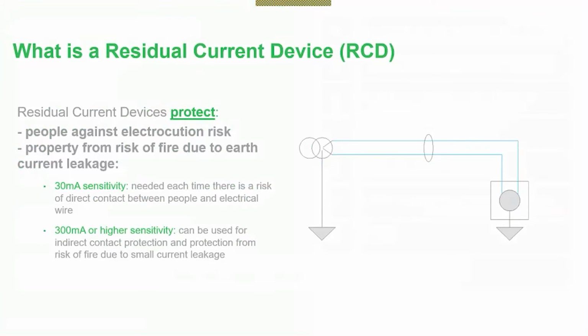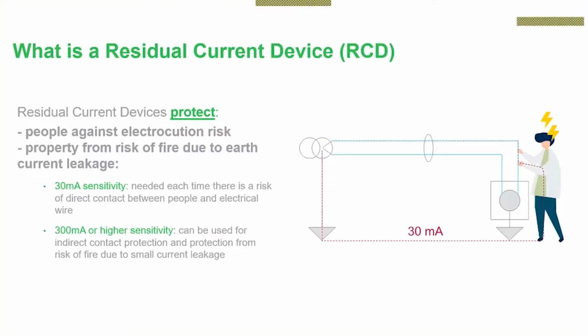What is an RCD, a residual current device? Residual current devices protect, most importantly, people against electrocution, or the risk of electrocution, I should say. They're also capable of protecting property from the risk of fire due to earth leakage current. 30 milliamp sensitivity is what is needed to protect people against the risk of fibrillation, and 300 milliamps is typical of a device that's being used for indirect contact protection and protection from the risk of fire due to small earth leakage currents.